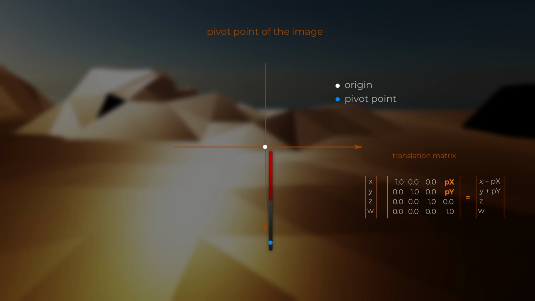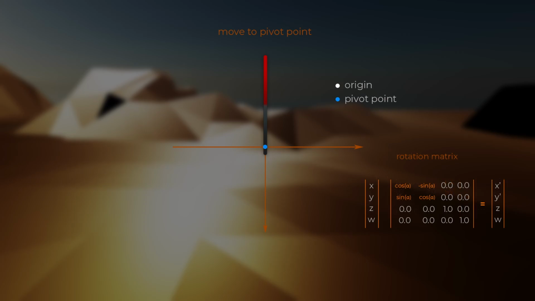Luckily, we already know how to move objects in our scene, so now we again use a translation matrix to transform our image from the position it's in to the place where the pivot point lies on the origin of the coordinate system. The actual rotation is achieved by using a rotation matrix. So we pass an angle in radians, and our whole geometry is rotated around the origin by the specified angle.